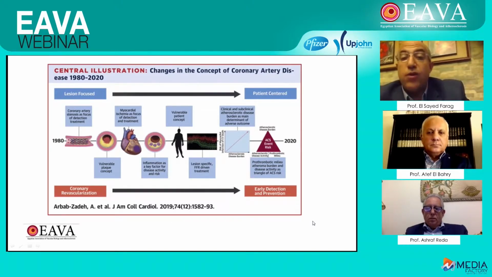Then we came to the vulnerable patient concept, and then to physiologic assessment of the lesion by using the FFR and FFR-driven treatment. Then we jump to the clinical and subclinical atherosclerotic disease burden as a determinant of the adverse outcome, and also the prothrombotic milieu, for atheroma burden and disease activity as a triangle of acute coronary syndrome risk, in the hope of reaching early detection and prevention.